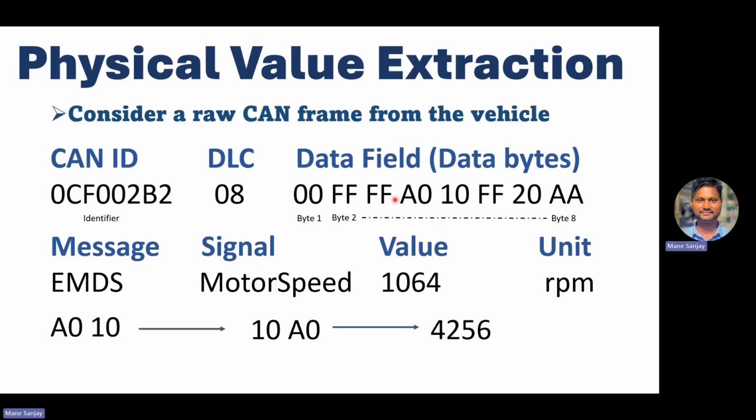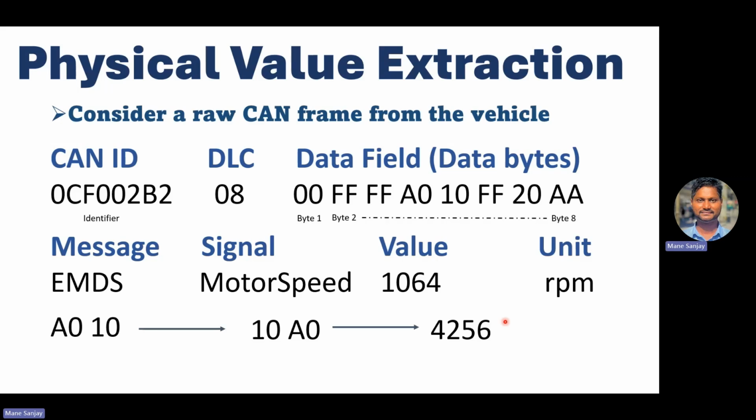If its start bit is different, say it's not 24 but somewhere around 16, then accordingly you have to take that data. If it's 2 bytes and little endian, then you need to reorder the bytes, then directly convert that hexadecimal value to decimal. So the hexadecimal string is converted to decimal now.